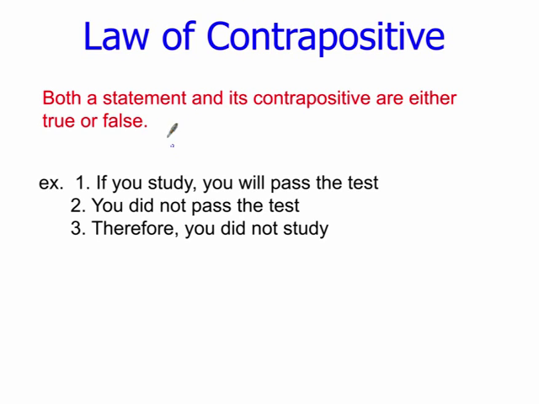The law of contrapositive says that given a statement, both the statement and its contrapositive are either true or false. So either they're both true or they're both false.